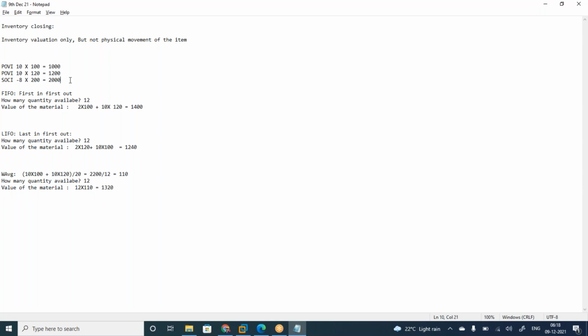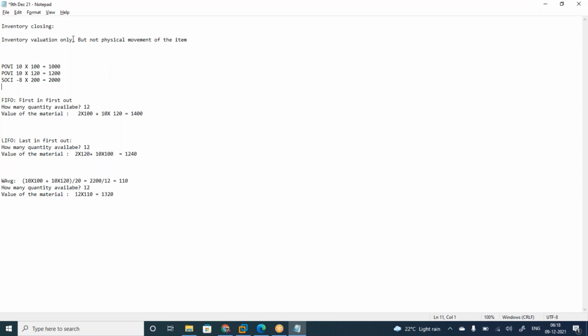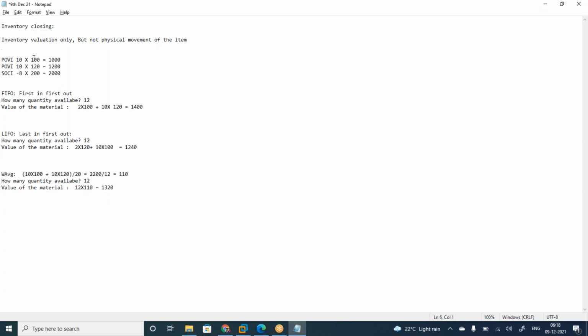This is for inventory valuation only, meaning I want to understand the stock value of the material. What is the stock value? If I want to verify, if it is FIFO, then this is the amount. If it is LIFO, this is the amount. And if it is weighted average, this is the amount. Any confusions in this calculation?